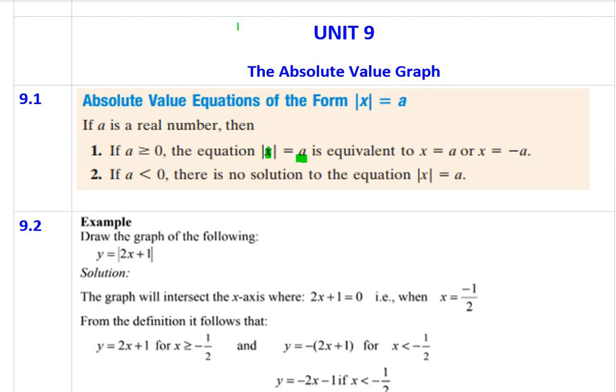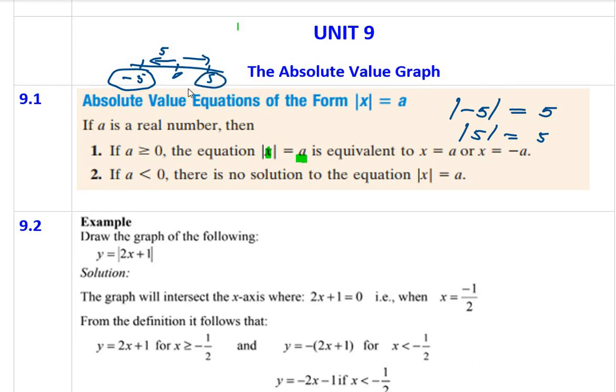If I have the absolute value of -5, that will be 5. And when I have the absolute value of 5, of course, it will also be 5. Because the distance from 0 to 5 will be 5. And the distance from 0 to -5 will also be 5. So we mustn't confuse the points, which is 5 and -5, with the distance, which is +5.